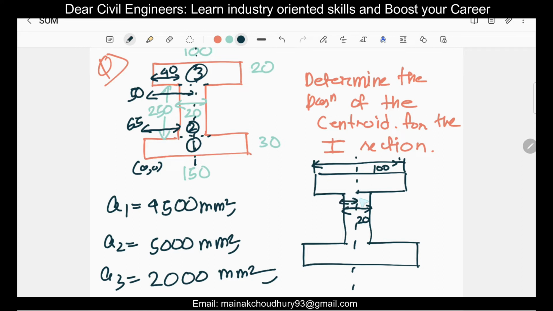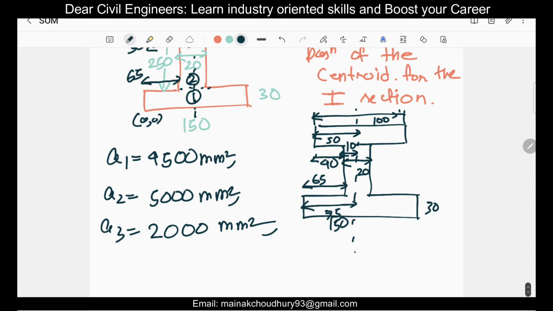If it passes through the center, this is 10, and this is your 50. So 50 minus 10 is 40. Similarly, this one will be 65: this is 150, this is 30, 150 by 2 is 75, and 75 minus 10 is 65. So like this we got this.